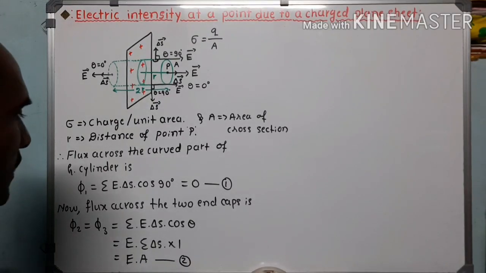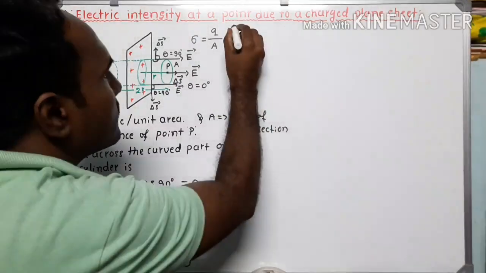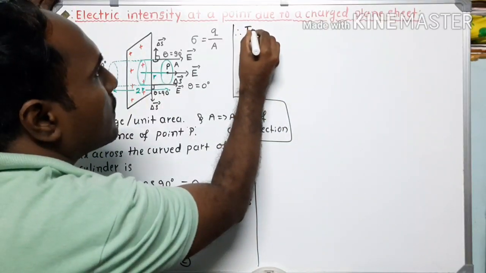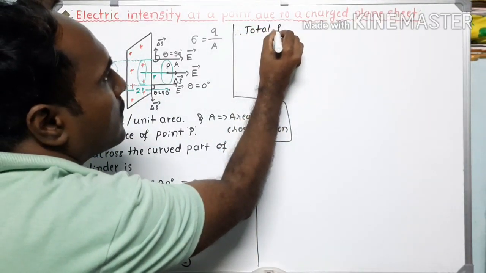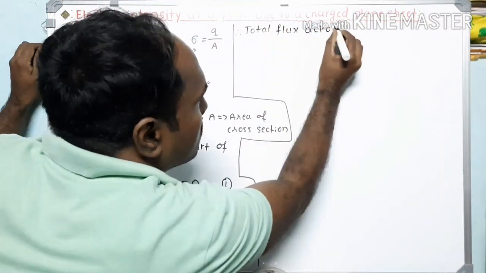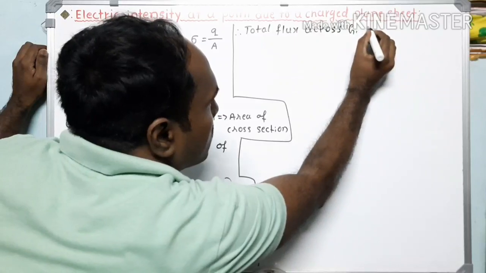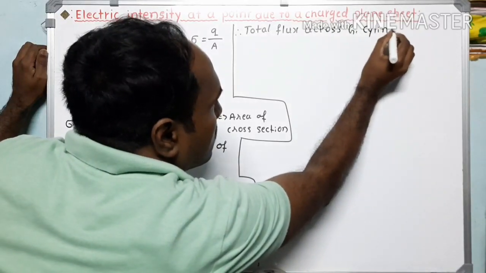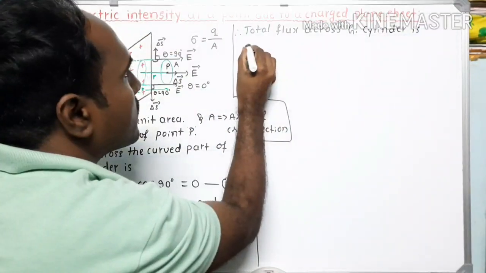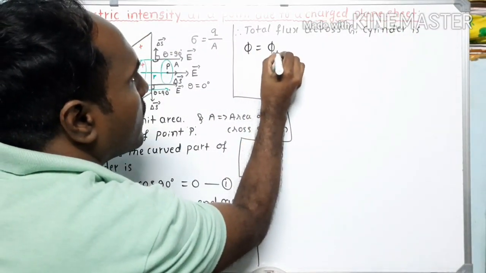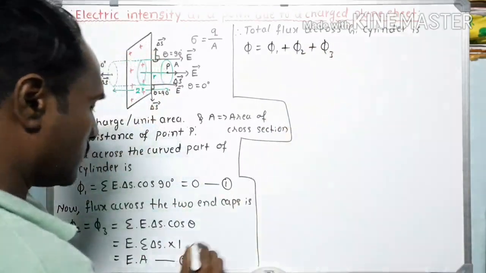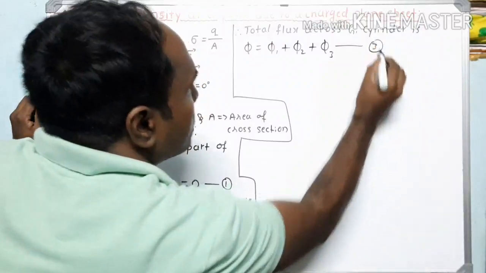Therefore total flux across the Gaussian cylinder is phi is equal to phi 1 plus phi 2 plus phi 3, called it as equation 3.